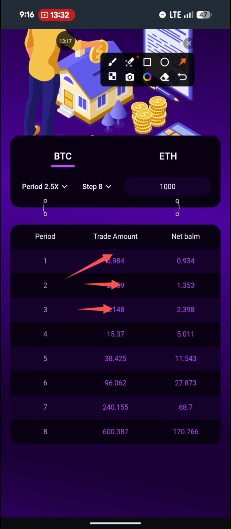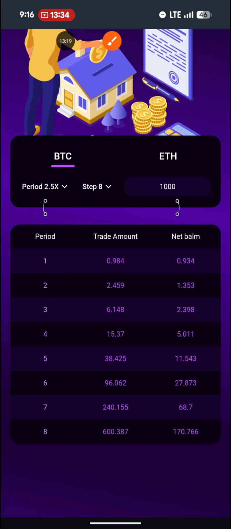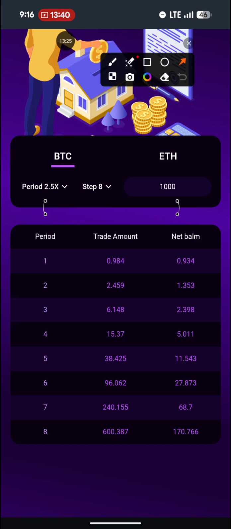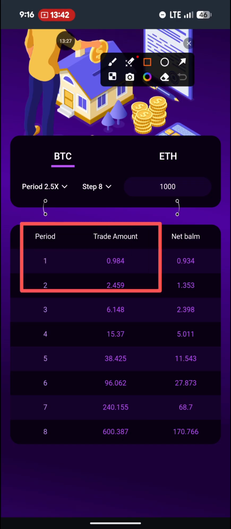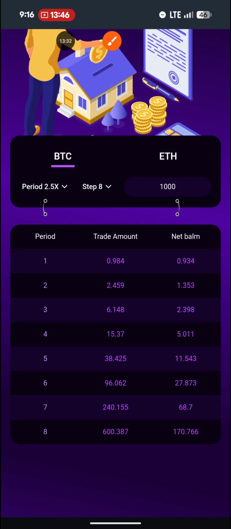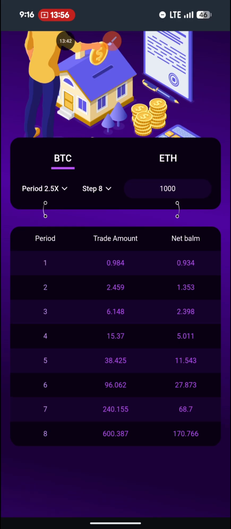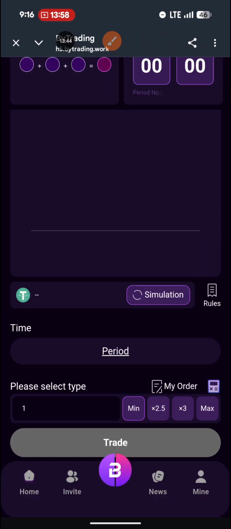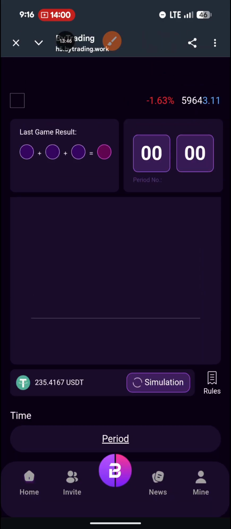That's how it works. If you lose, and you make sure you follow these rules, you will be refunded your capital. That is how this platform works. So it's just very easy to navigate.